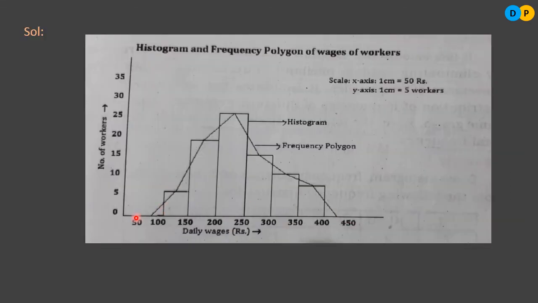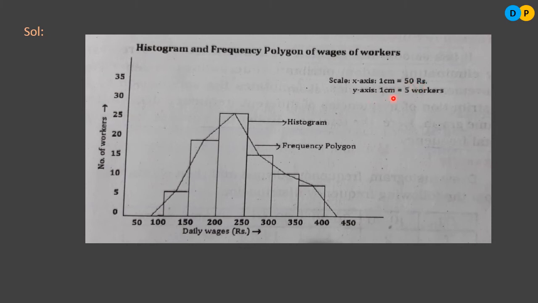This is how we will get a frequency polygon. First, we need to consider the histogram. For the class intervals, such as 100 to 150, on the x-axis we consider the class interval, and on the y-axis we consider the frequencies. First we need to consider the scale. On the x-axis, 1 centimeter is equal to 50 rupees.